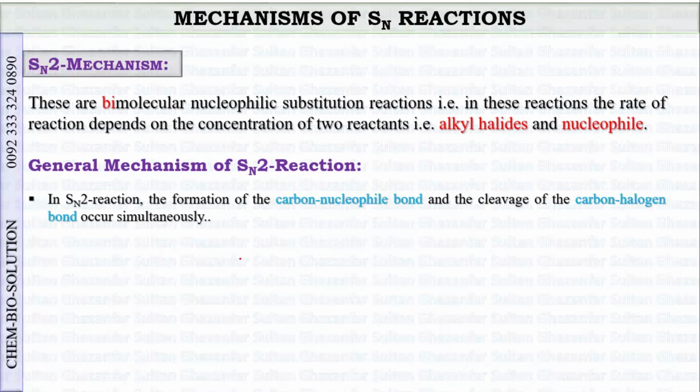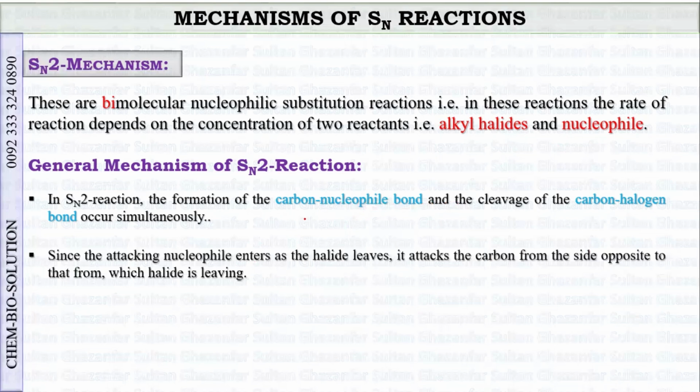The general mechanism involves the formation of the carbon-nucleophile bond. The simultaneous formation of the carbon-nucleophile bond and the cleavage of the carbon-halogen bond is the main feature of this mechanism.